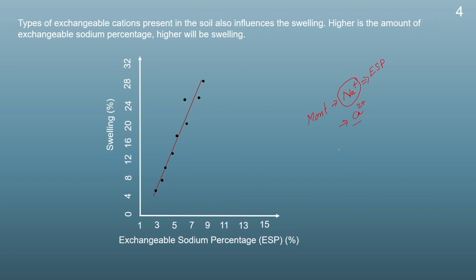Therefore, the swelling is not only controlled by what kind of mineral it has, it is also controlled by what kind of exchangeable cation is present inside the mineral. So, the exchangeable sodium percentage can control the swelling behavior in a direct manner. That means, the higher the exchangeable sodium percentage, the higher will be the swelling of the soil.